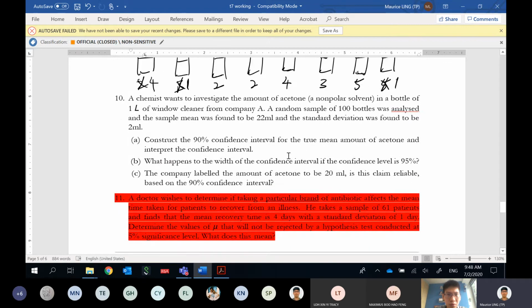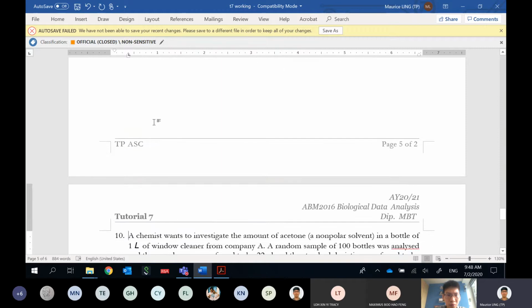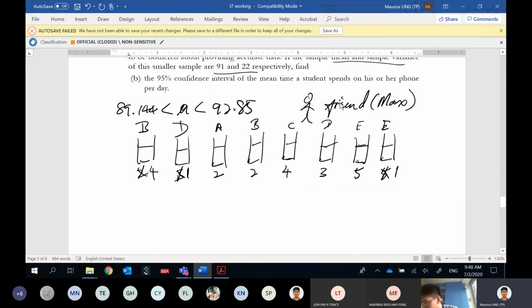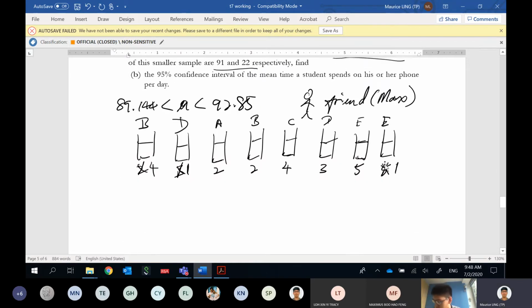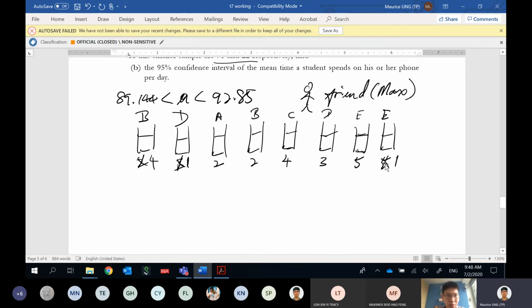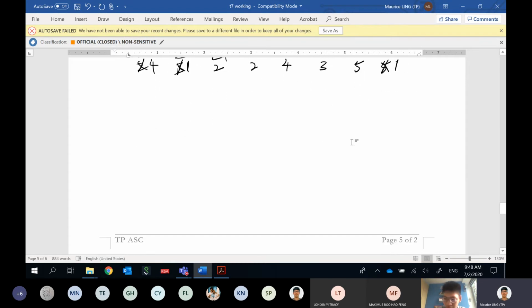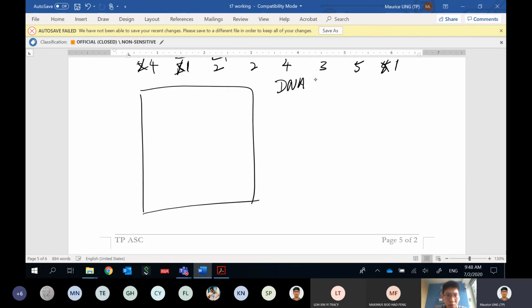Okay, so let's look at question 10. Now, back to this Max story, this is quite useful because one of the work that I used to do is DNA fingerprinting.